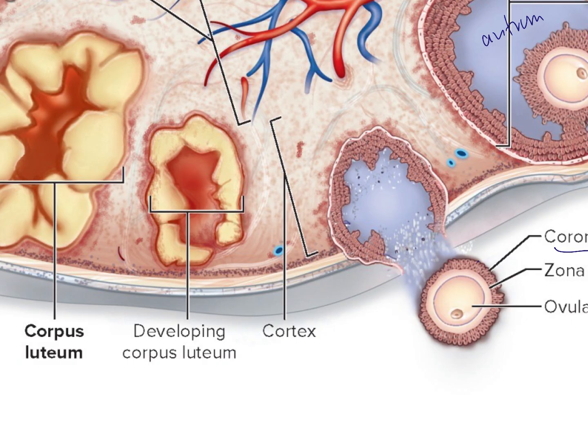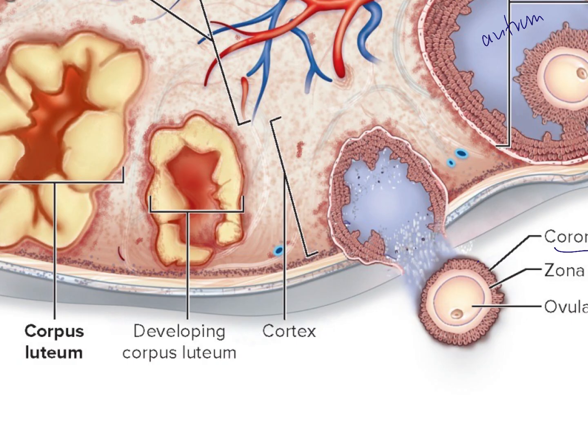So we've gone from day 0 to 13, the follicular phase, the development of a follicle that's gotten bigger. Eventually, on day 14, ovulation happens. And now, day 15, after ovulation, there's this huge change. We move from the follicular phase into what we call the luteal phase.